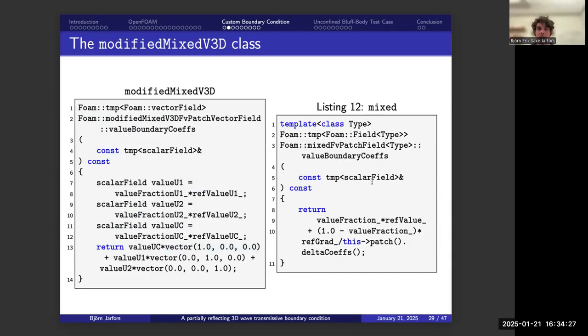And in the mixed one, we also have this part here. So this is 1 minus value fraction multiplied by the reference gradient multiplied by the distance from the center and the face. And since I mentioned that reference gradient is always 0, this is removed and not included in the member function's return statement.